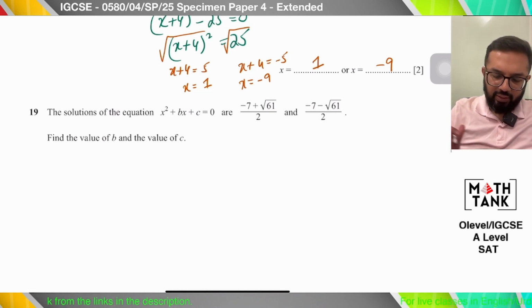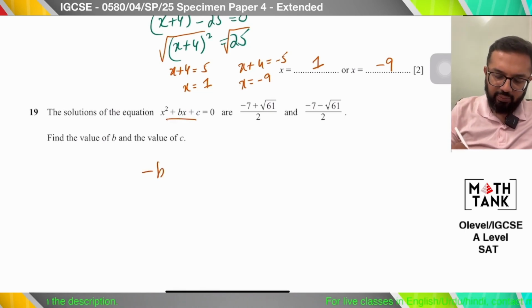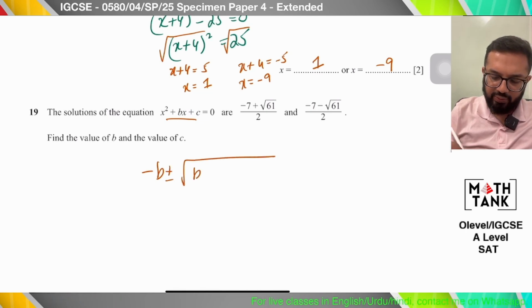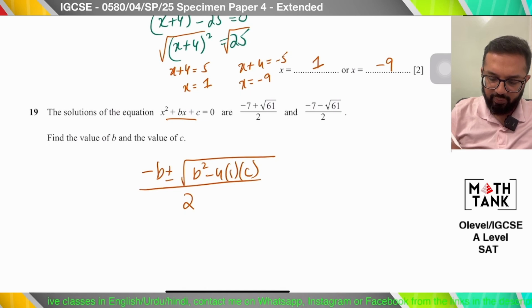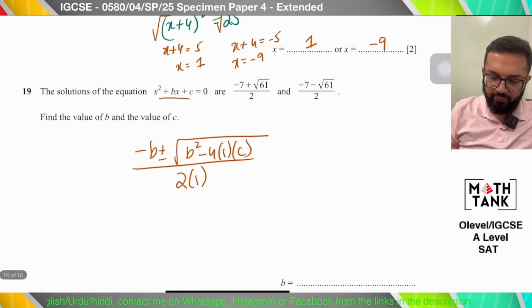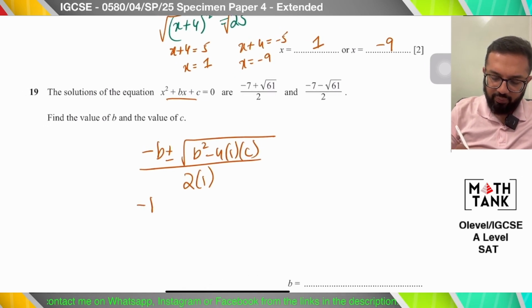Okay, so I could apply my quadratic formula here. Minus b plus minus root of b squared minus 4ac over 2a. My numbers have to match, right?